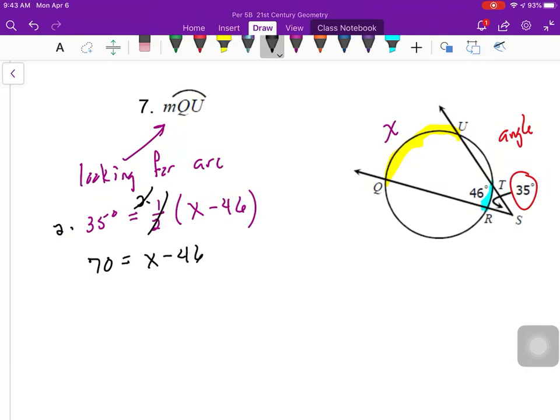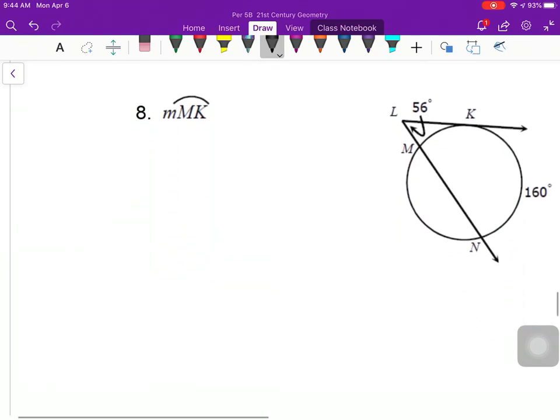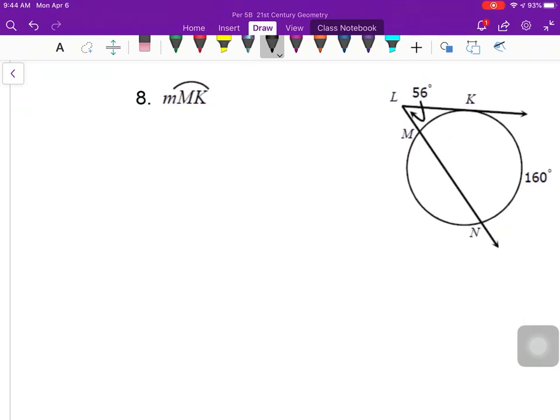And just as we did on the previous problem, we'll multiply by 2. 70 equals x minus 46. We add 46 on both sides. 116 equals x. So the measure of arc QU is 116. So when we're looking for the arc, it's really not much different than when we're looking for the angle, just a little bit of difference in how the algebra turns out.